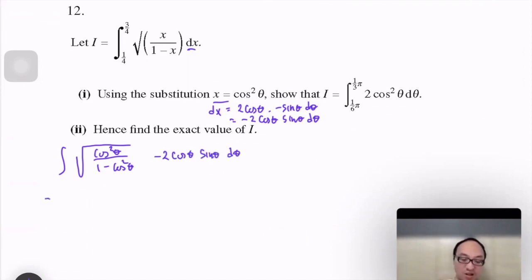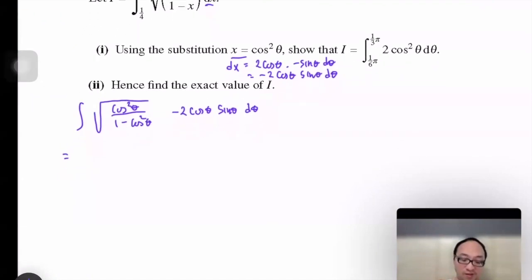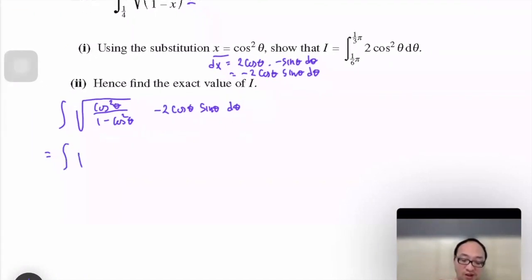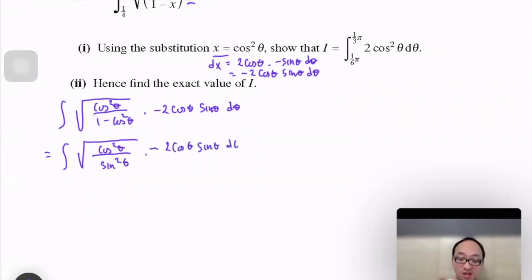Now, what can we have here? We can have integral square root of cos square theta over 1 minus cos square theta, which is sin square theta, times minus 2 cos theta sin theta d theta.